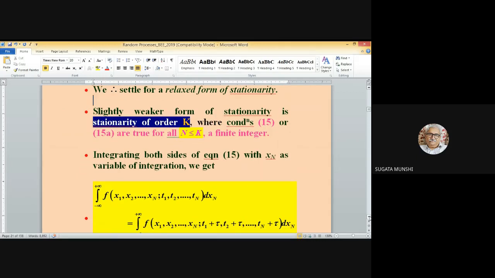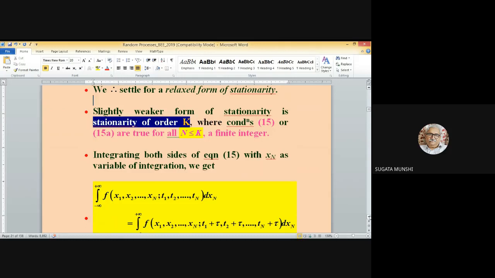So I am considering the nth order joint density function, and I am integrating both sides of equation 15 with xn as the variable of integration. If the integration is done over xn equal to minus infinity to plus infinity, what is the result? What do you get on the left hand side, and what do you get on the right hand side?